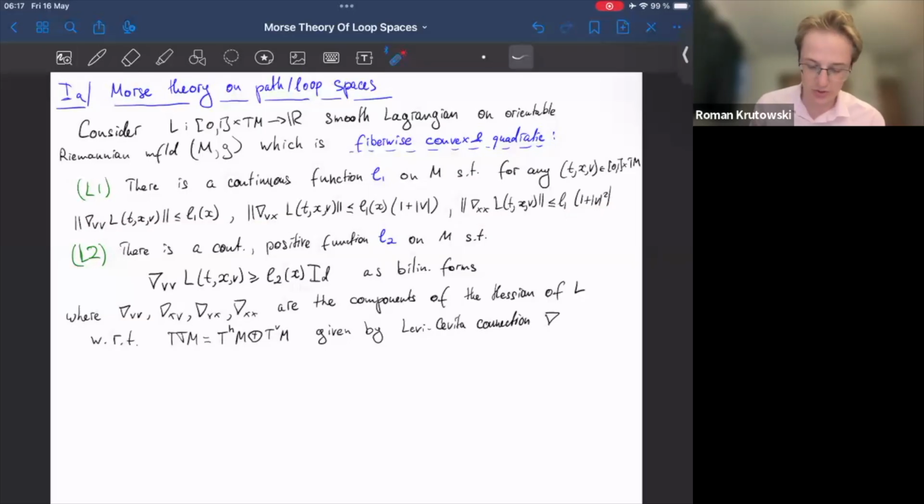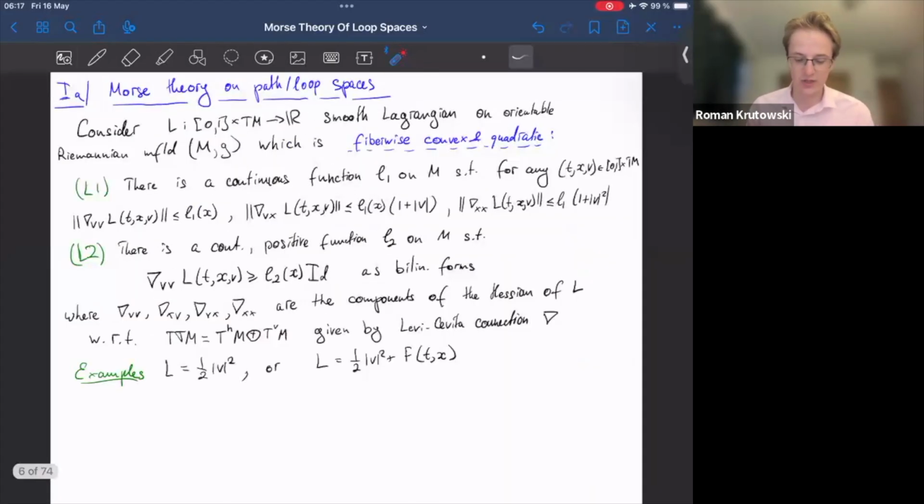And also we require it to be at least quadratic, so there is a lower bound of this bilinear form by some positive function L2 times the identity. But it all can be spelled out in local coordinates, just as some conditions on second partial derivatives, and it would be kind of the same statement.